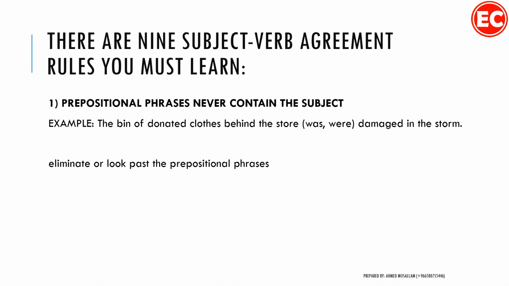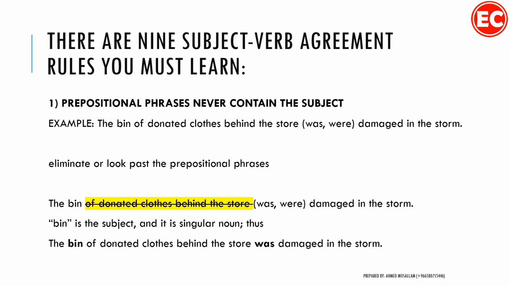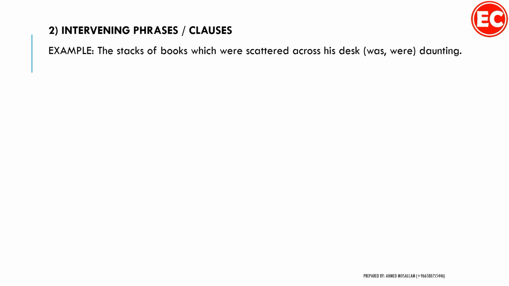Next, look at the subject and see if it is singular, choose was. If it is plural, choose were. And for sure the answer at the end will be what? Subject is singular, so the verb will be was. Second rule is intervening phrases or clauses. We may have lots of words between the subject and verb that we do not need.